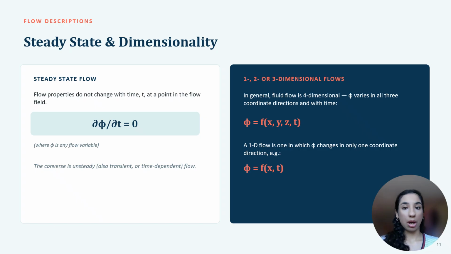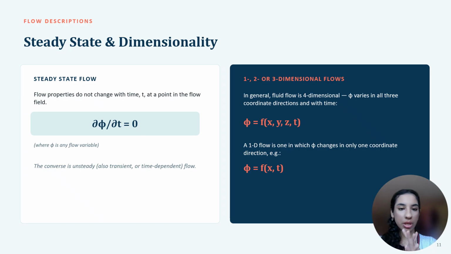Now, we are on the third flow description, the steady state and dimensionality. Steady state flow is a condition of a flow where the flow properties do not change with time. So at that time, it doesn't change anymore.